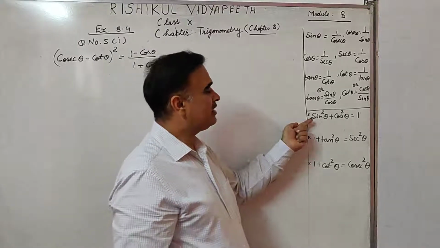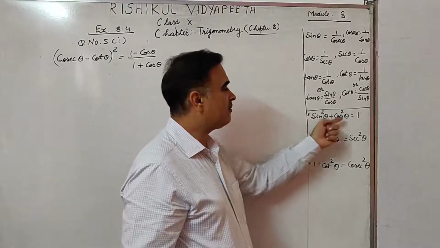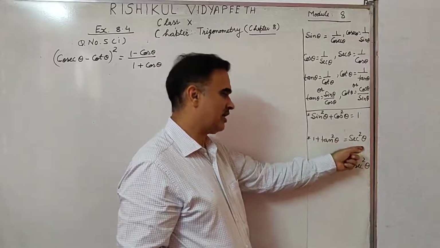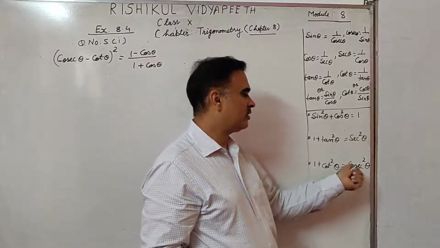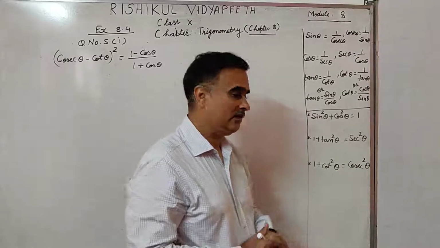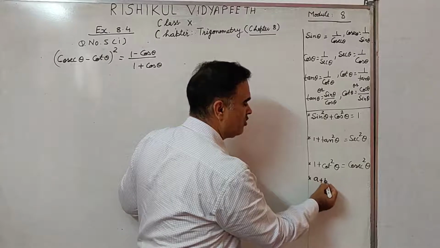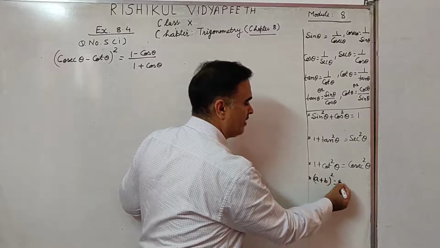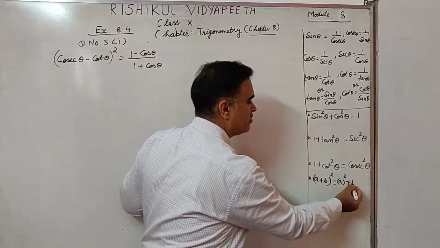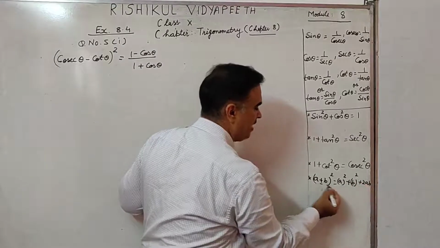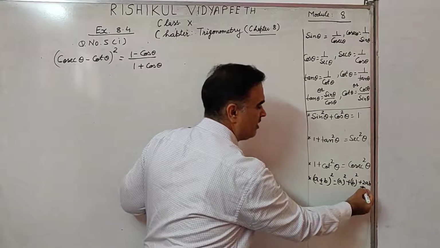Here there are three identities I told you earlier: sin square theta plus cos square theta equal to 1, 1 plus tan square theta equal to sec square theta, 1 plus cot square theta equal to cosec square theta. And there are some algebraic identities also. One is a plus b whole square, that is a square plus b square plus 2ab. If it is minus, here plus, only minus will be there.